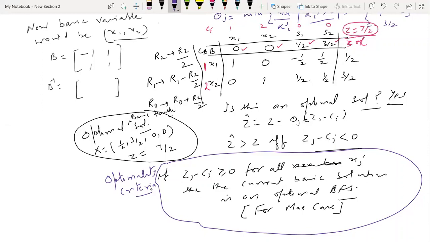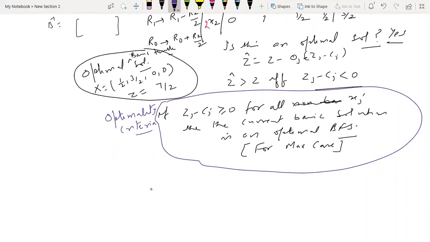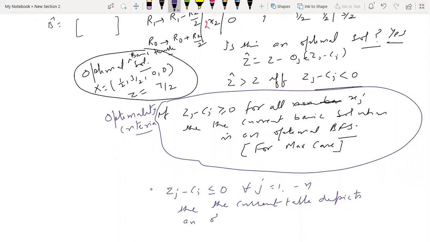Okay. For the minimization case, if Zj minus Cj is less than or equal to 0 for all j equal to 1 to n, then the current table depicts an optimal basic feasible solution for a minimization type problem.